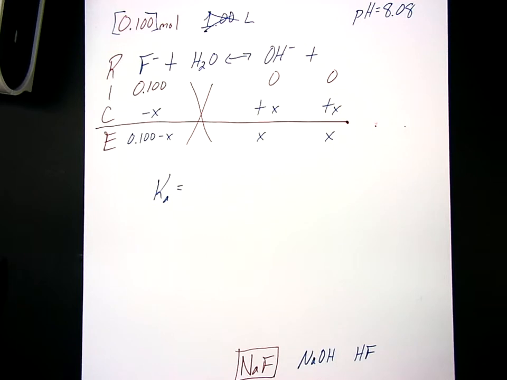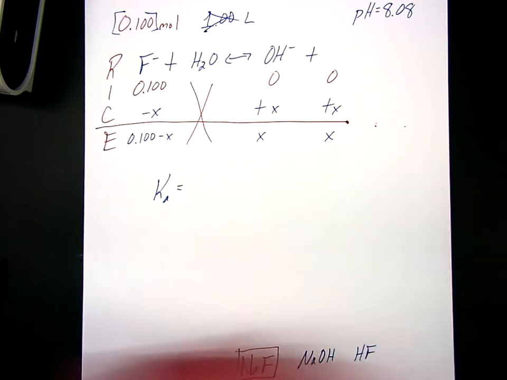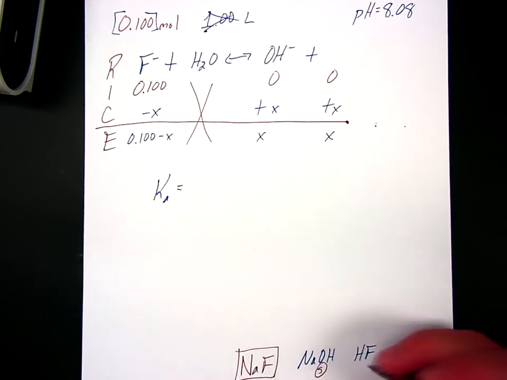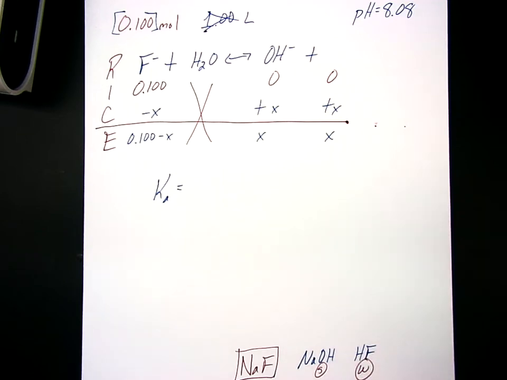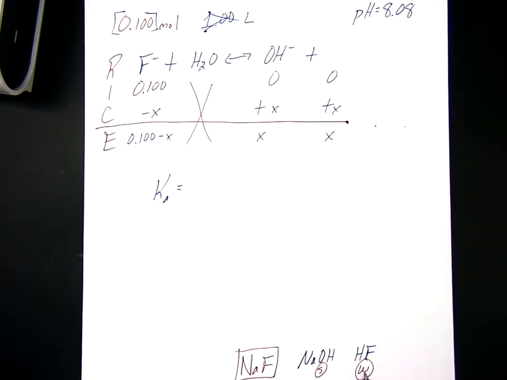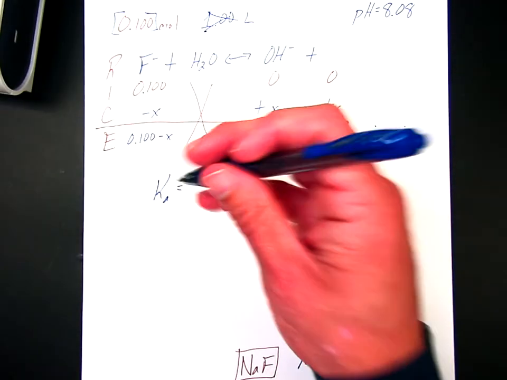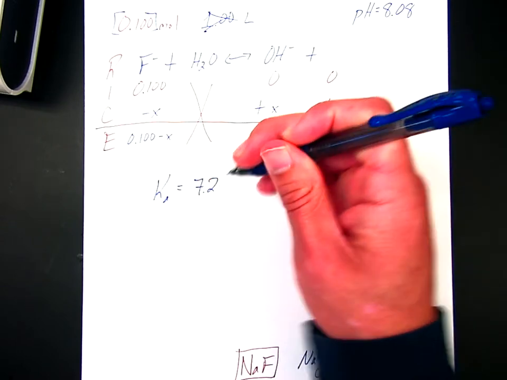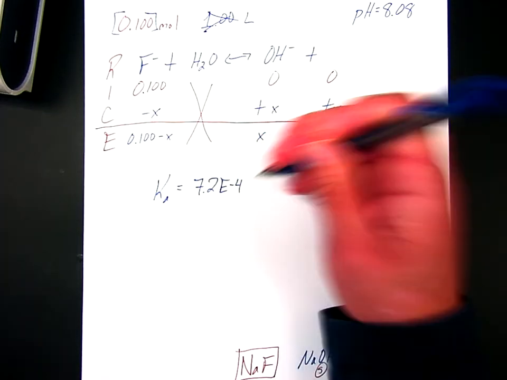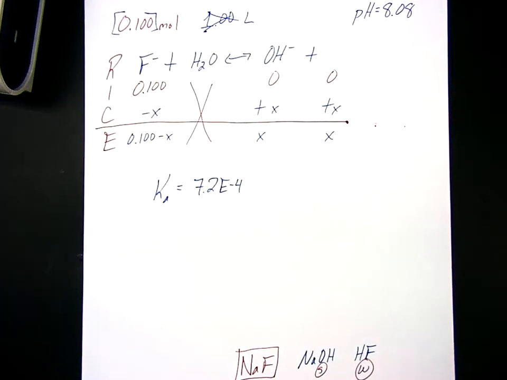If I were identifying parents, this is strong and this is weak. So while doing my analysis, it would be the weak ion that gets added to the RICE table. And that's how you'd have to think through all of the choices. But it turns out that the given Ka of the HF from that printed book page is 7.2 E negative 4. And that's another given number.